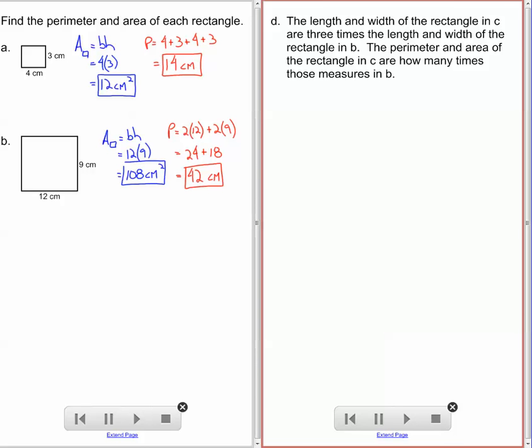I've got these labeled wrong, don't I? At any rate, this big one, the lengths of it are 3 times as long as the lengths on these. So 3 times 3 is 9, 4 times 3 is 12. So they're asking us to compare the perimeters and the areas. So, let's look at the area first.